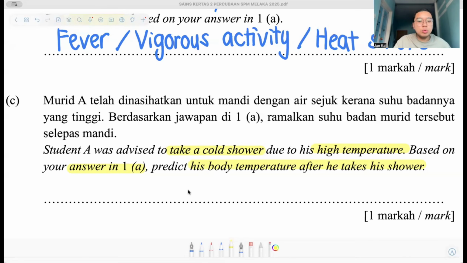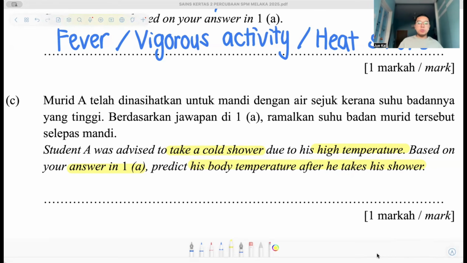You can choose a random number, but it needs to be suitable. Give me a random number. For example, if you do exercise and then you take a shower, your temperature will be lower. Vanny said 37.1.